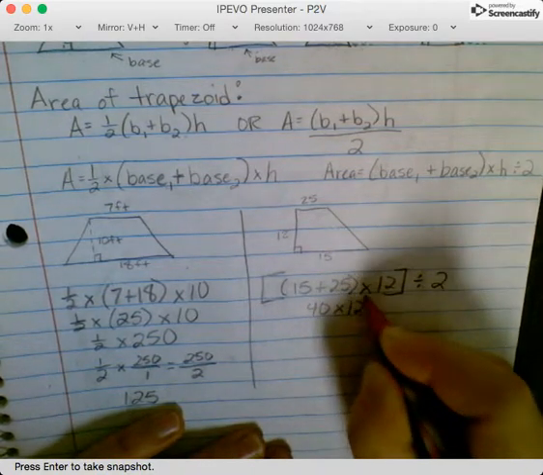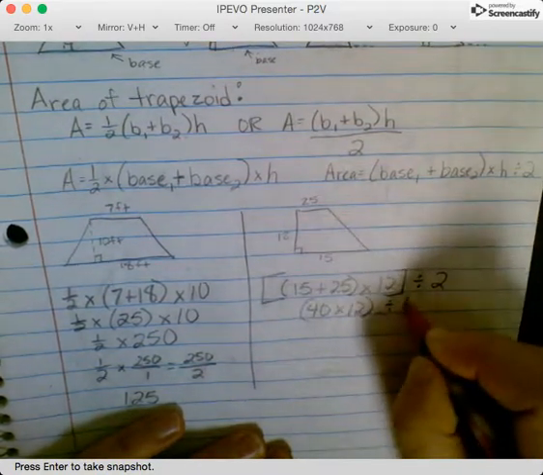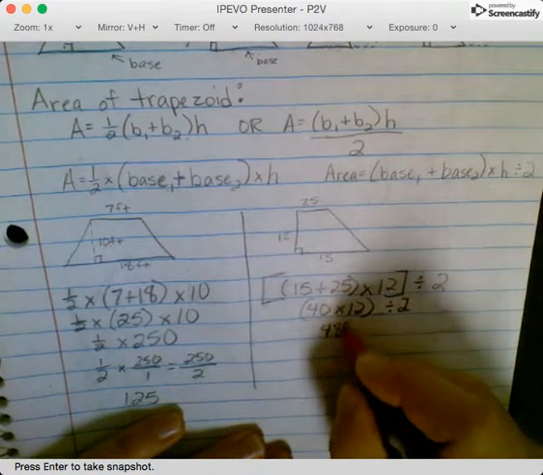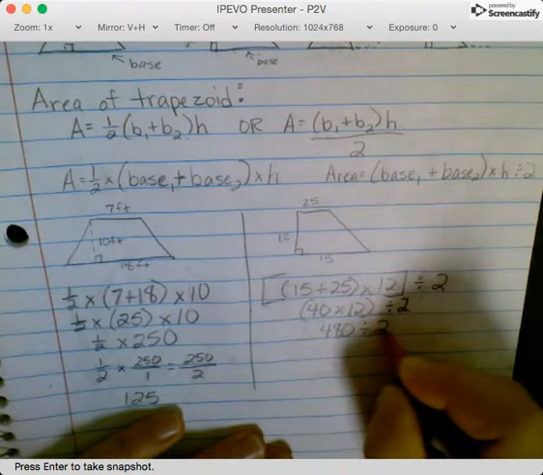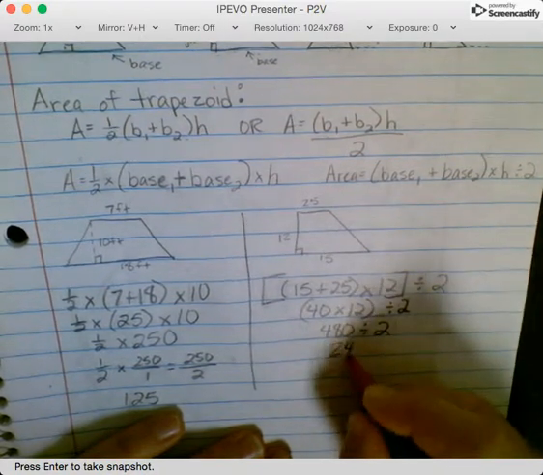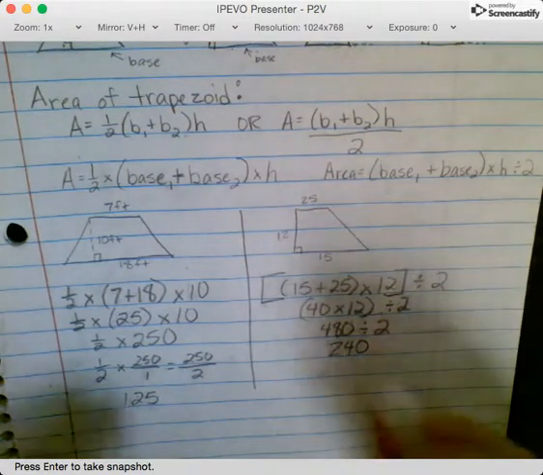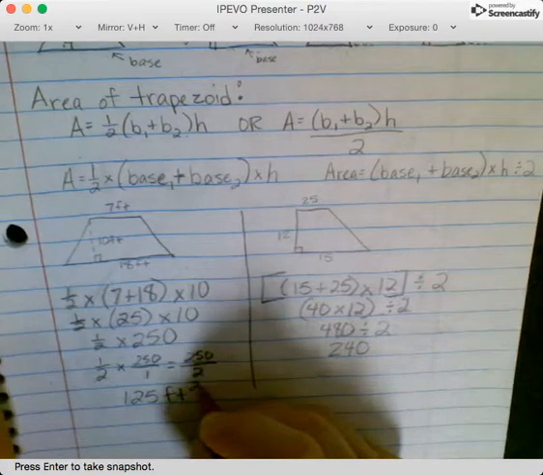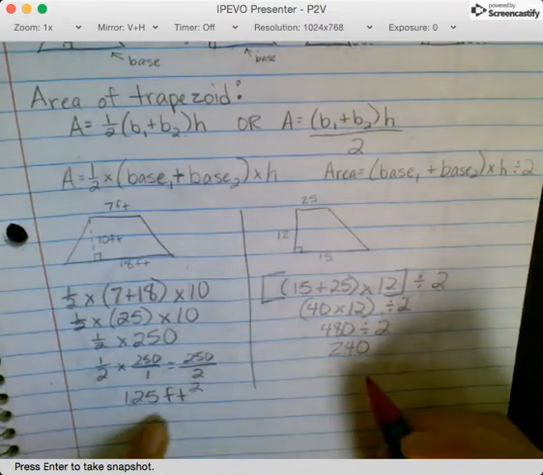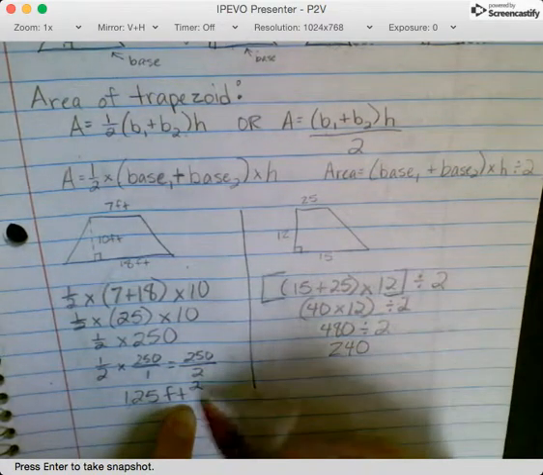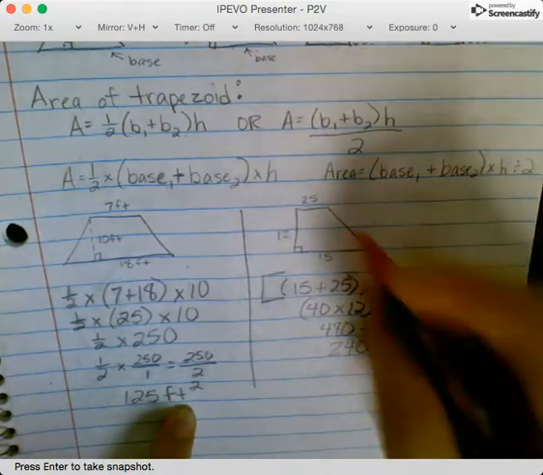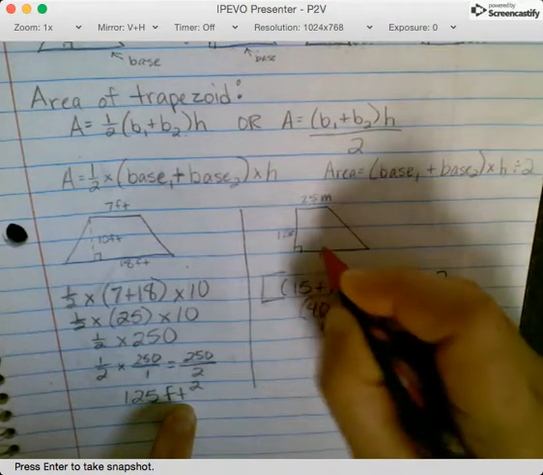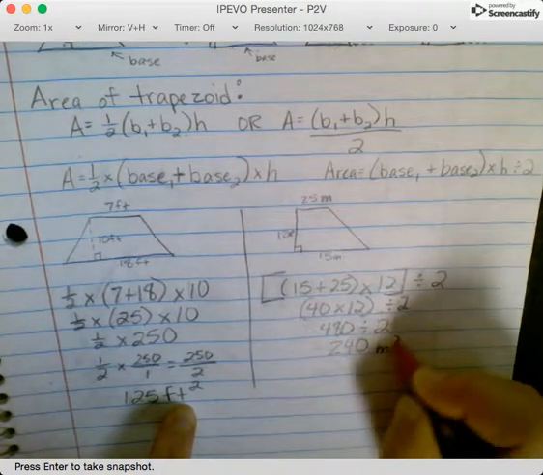And take that times 12 and divide that answer by 2. So 40 times 12 is 480. 480 divided by 2 is 240. And that's your answer for that. I need to put my labels on these. And again, going back to the other videos, when I label something that is an area, it is square units. So it's just feet squared. Let's call this one meters. And so that one would be meters squared.